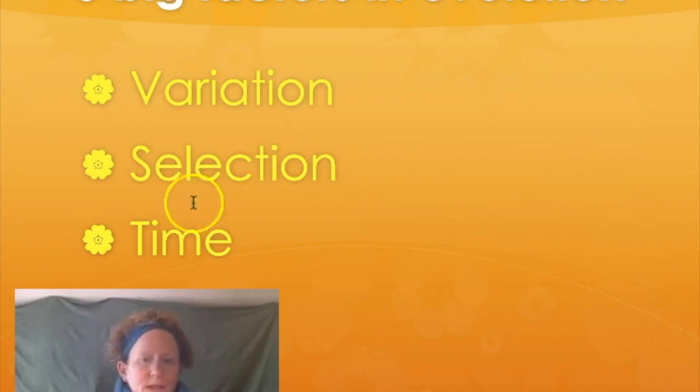Those are some types of selection, and all of this happens over a long period of time. So there's three ingredients in evolution: variation, selection, and time. So keep that in mind as we talk about the different elements, the different pieces of natural selection.